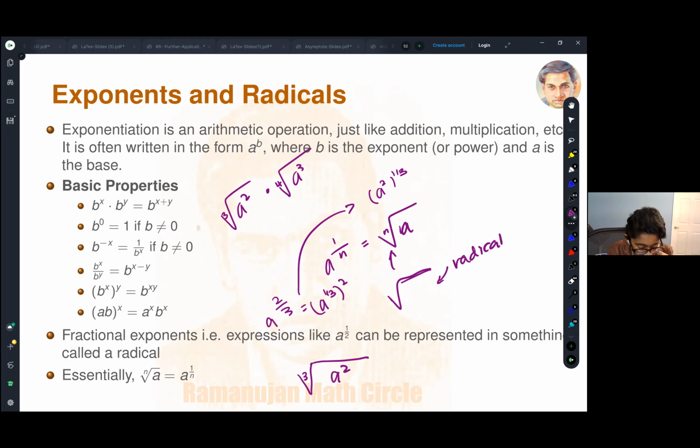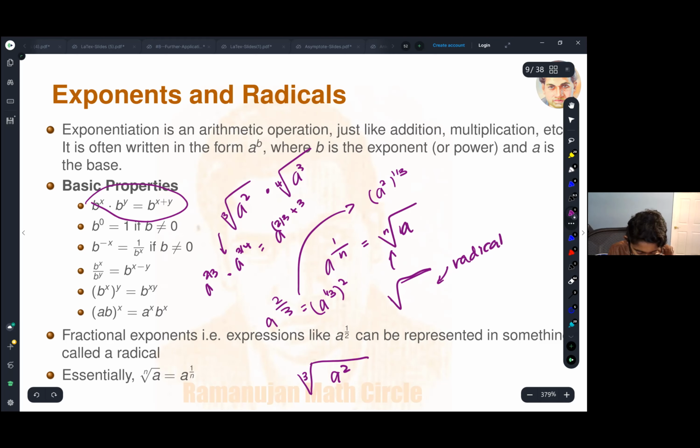So you could convert this and say, okay, this is a to the 2/3 times a to the 3/4. Then I use this rule, and this is equal to a to the 2/3 plus 3/4. Taking a common denominator, this is 8 over 12 plus 9 over 12, which is equal to 17 over 12.